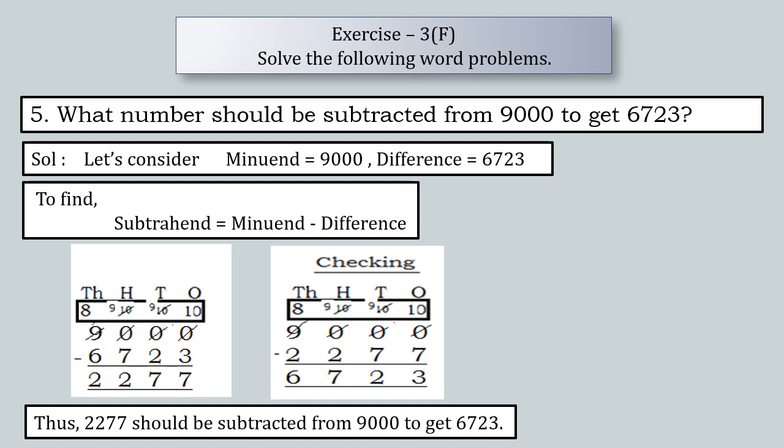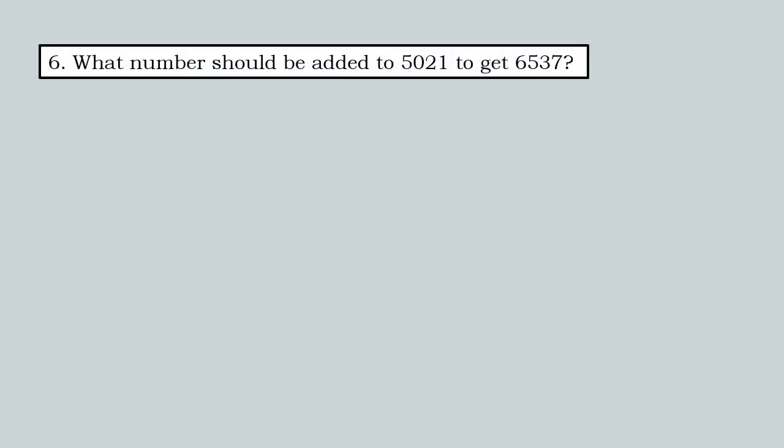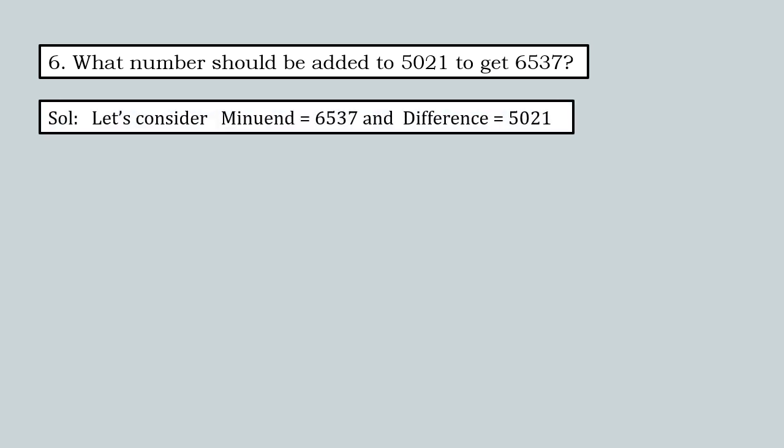Let's read the sixth word problem carefully and understand. What number should be added to 5021 to get 6537? If we observe, 6537 is the bigger number. So let's consider minuend as 6537 and difference as 5021.